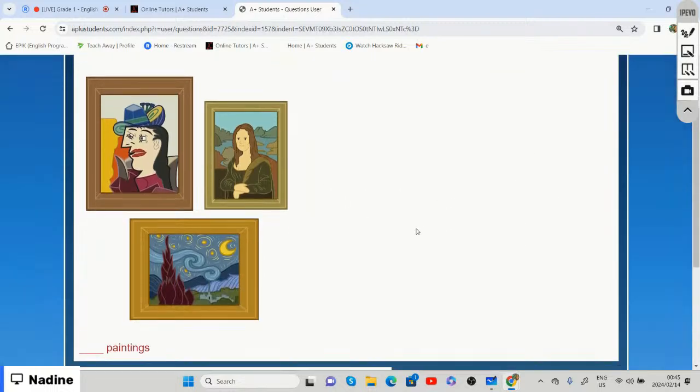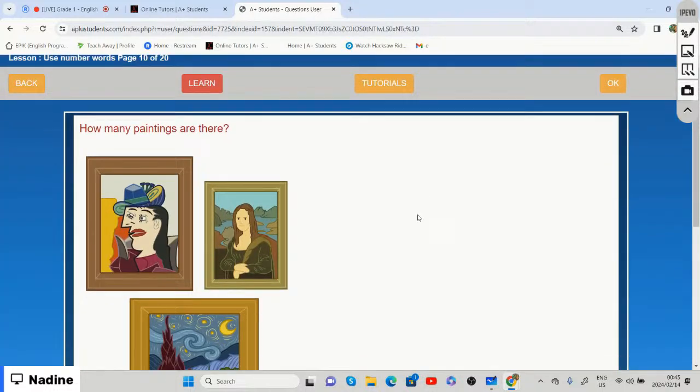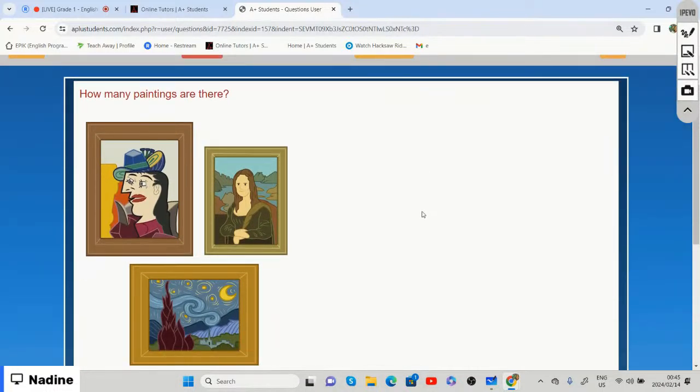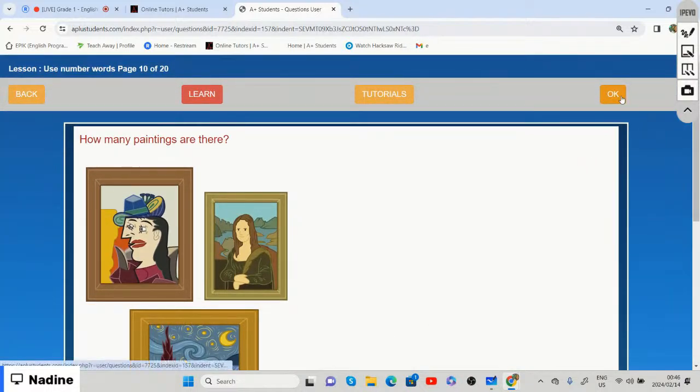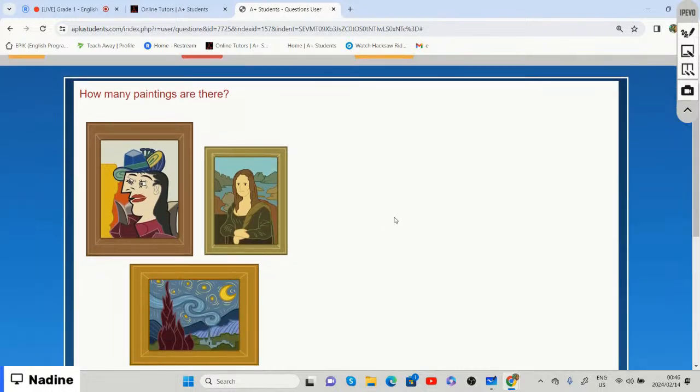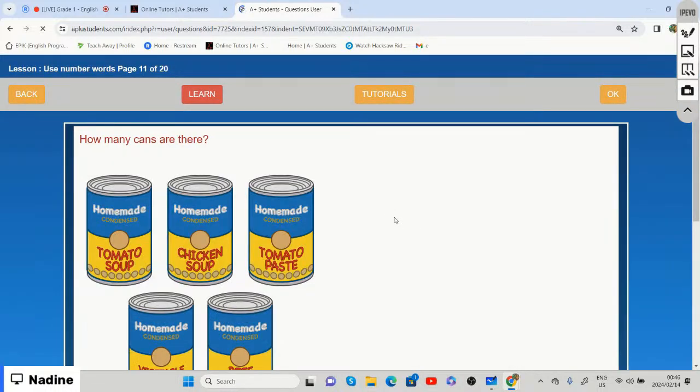So we need to ask ourselves, how many pictures are there? So how many pictures are there? So we have one, two, and three, which means that if we say there's three pictures, we're going to say there are three paintings. All right, and three is correct. So well done.